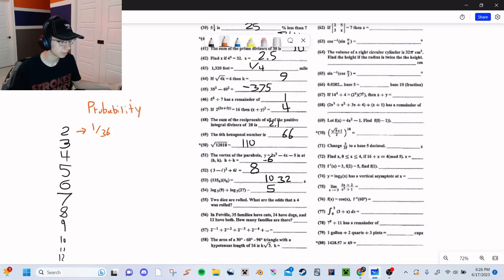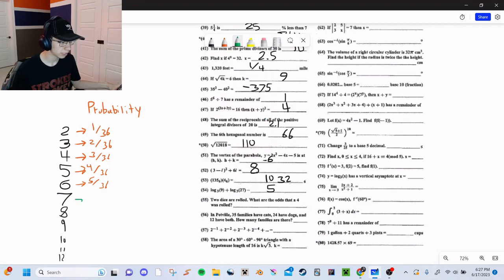A 2 has a 1 out of 36 probability of showing up. A 3 has a 2 out of 36 probability. A 4 has a 3 out of 36 probability. A 5, a 4 out of 36. 6, a 5 out of 36.